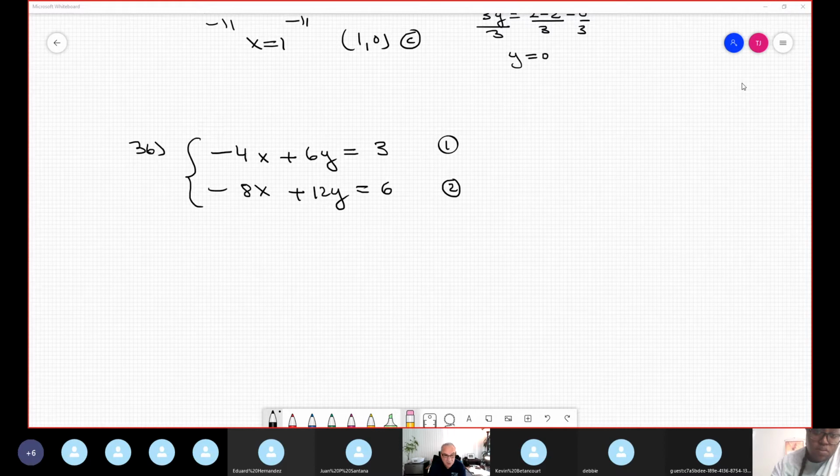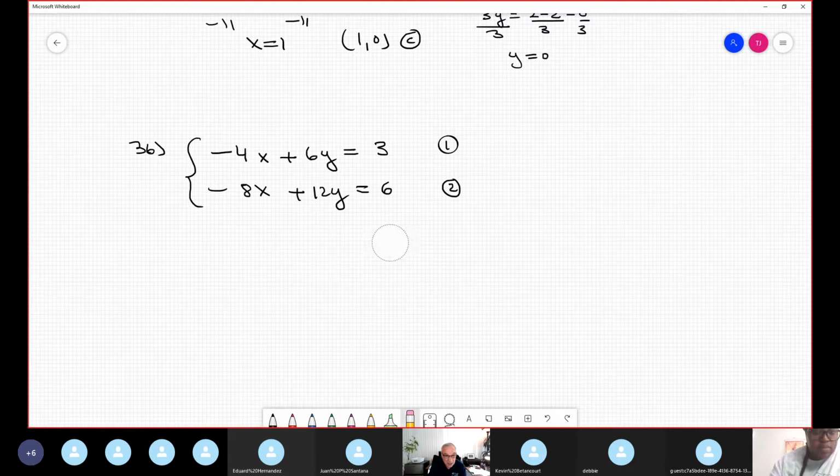If you divide the first one by -1, my equation is now 4x minus 6y equals -3. But I don't see any advantage of this. Maybe try to multiply the second equation. Try dividing the second equation by -1. Okay, let's do it.